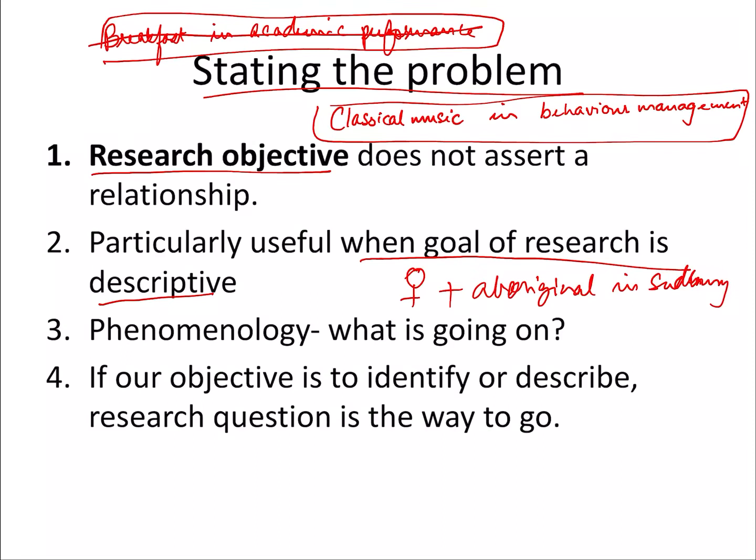A research objective is also important to understand phenomenology. A phenomenology is studying a phenomenon. What's going on here? And there are examples of phenomena in your textbook. But one of you can think of several things that happen.